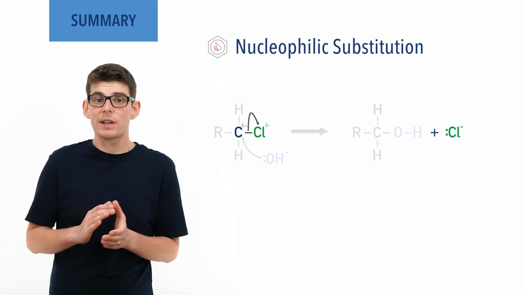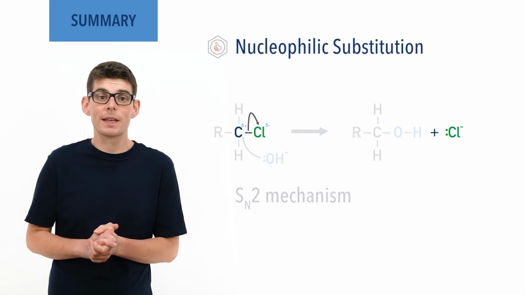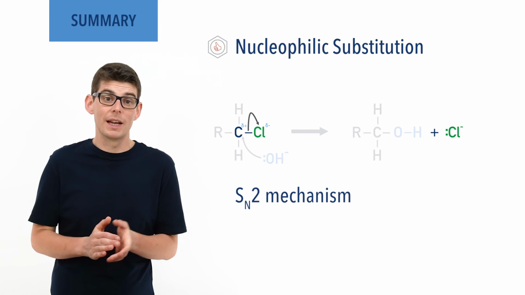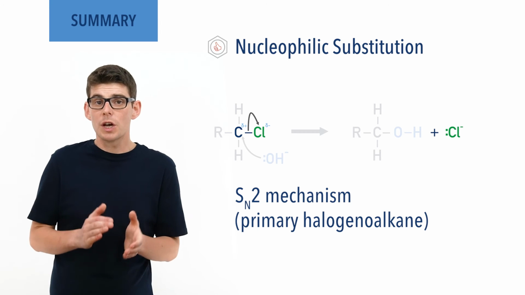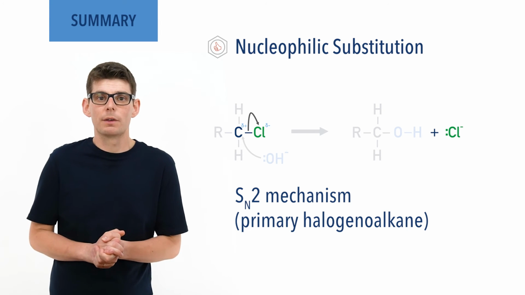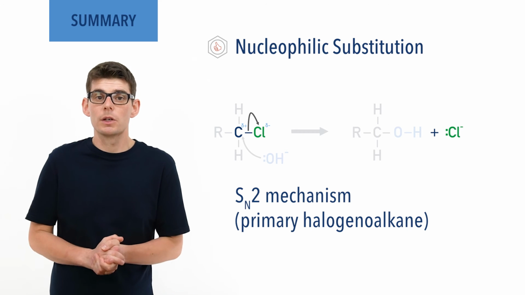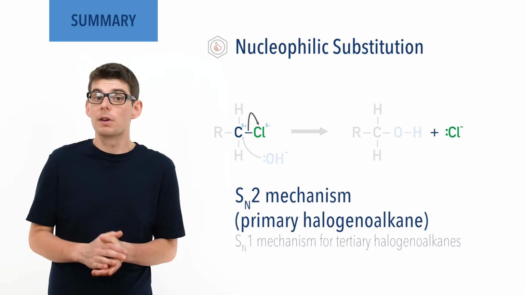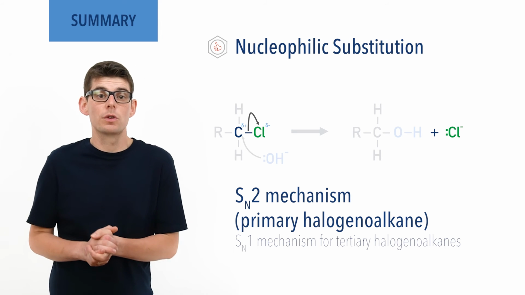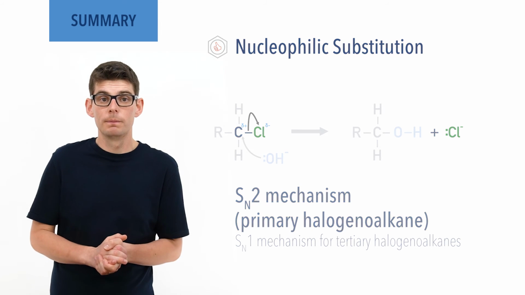This is more specifically referred to as an SN2 mechanism and occurs when primary and some secondary halogenoalkanes react. For tertiary and some secondary halogenoalkanes, a different mechanism occurs called an SN1 mechanism, where the carbon-halogen bond must break before the oxygen can make a new bond to the carbon.